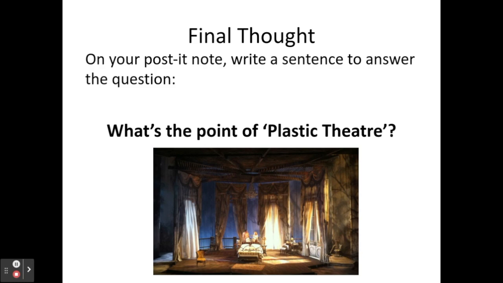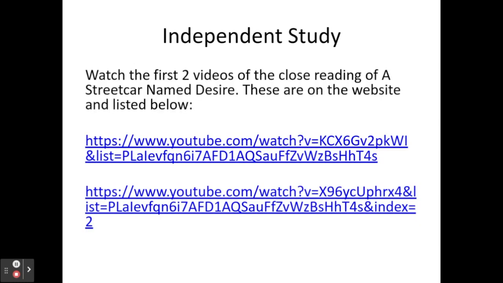Fantastic. Finally, your independent work. There is a YouTube content maker who has gone through A Streetcar Named Desire with a fine-tooth comb and does quite a lot of analytical work. I'm going to be asking for this course that you do most of the reading of A Streetcar independently.